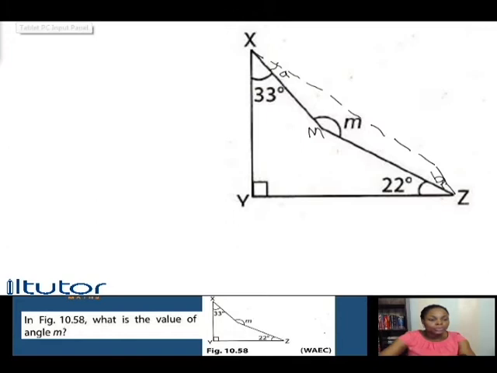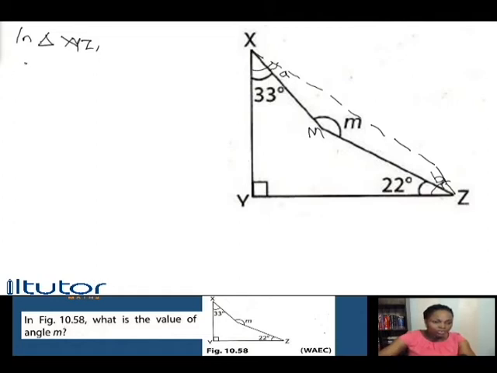So now in triangle XYZ, we have the whole of this angle here, and we have the whole of this angle here. So for triangle XYZ, this is a right angle triangle, so this is 90 degrees.